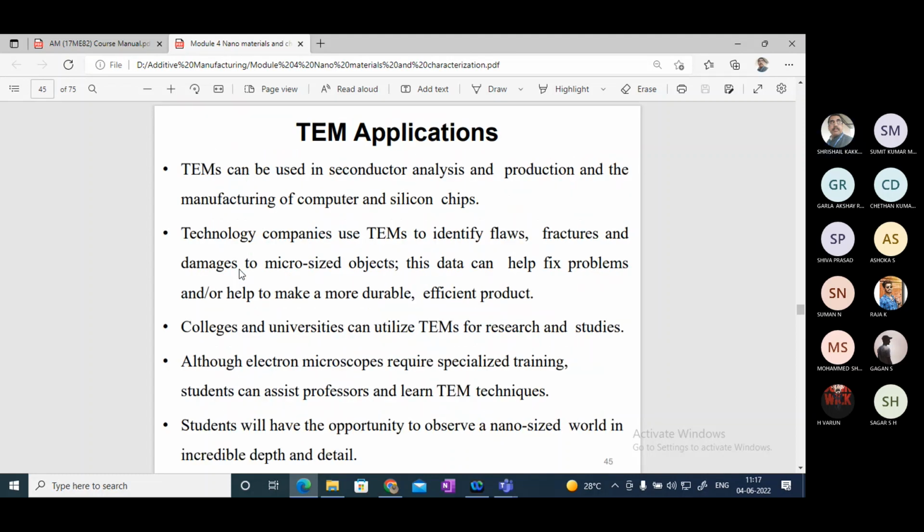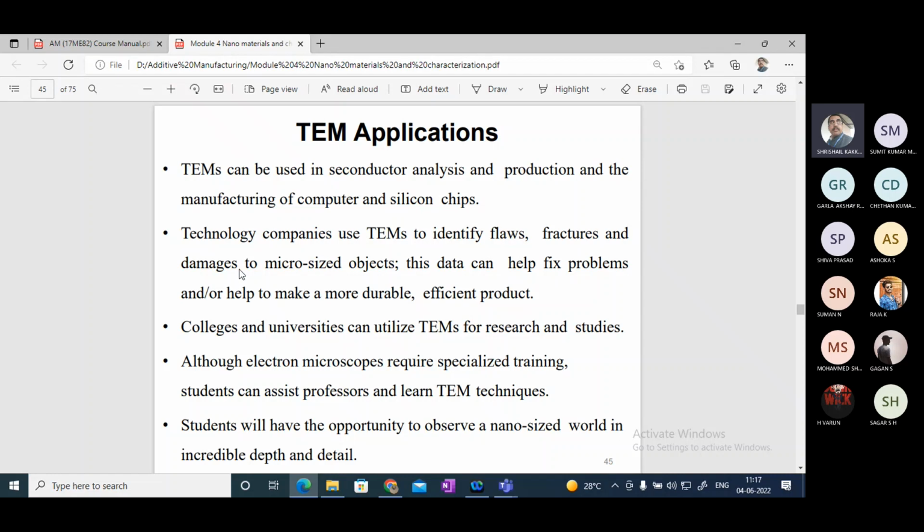Okay, and it can be used for the manufacturing of computers and silicon chips, and semiconductor analysis. The companies use it for identifying flaws, fractures and damages of micro sizes.